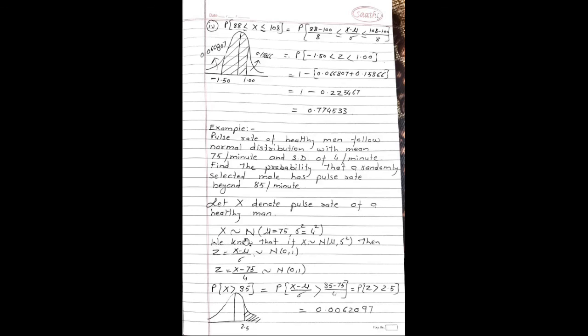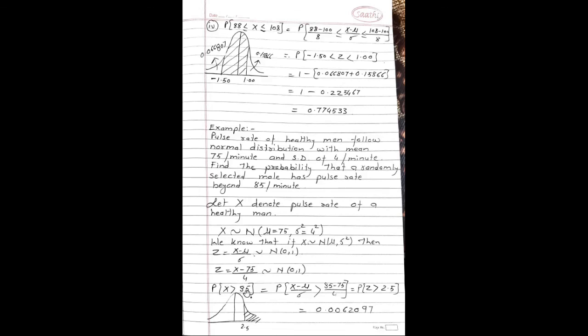So X follows normal with mu is equal to 75 and sigma square is equal to 4 square. So we know that if X follows normal with mu sigma square, then Z is equal to X minus mu upon sigma follows normal 0 1. So Z is equal to X minus 75 upon 4 will follow normal 0 1.